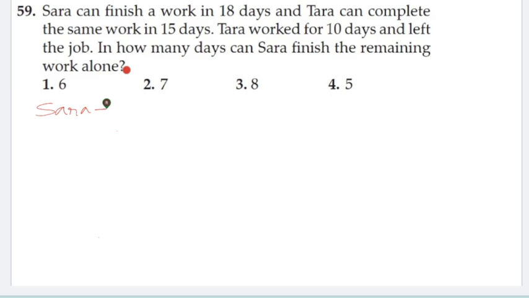And Tara, to do the same work, requires 15 days. Now we are given a situation where Tara worked 10 days and left the job. Now Sarah has to finish the remaining work alone. So how many days will Sarah take to finish the job is our question.